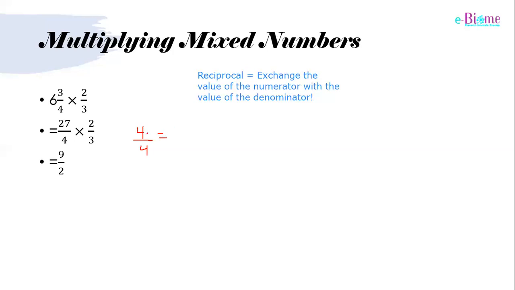But suppose there's 4 additional, so that's 8 out of 4. That's double what the initial value was. And then if we now have 12 over 4, that's triple. And we can continue so on and so forth until we have 6, right? So 6, how we're able to express 6.